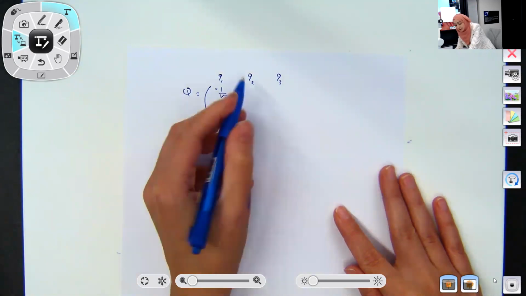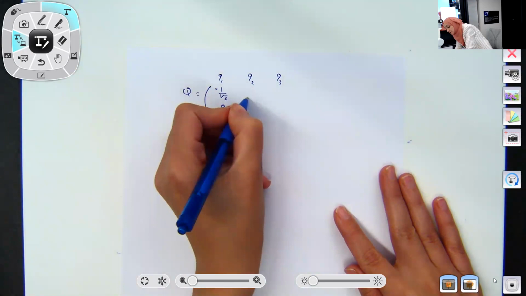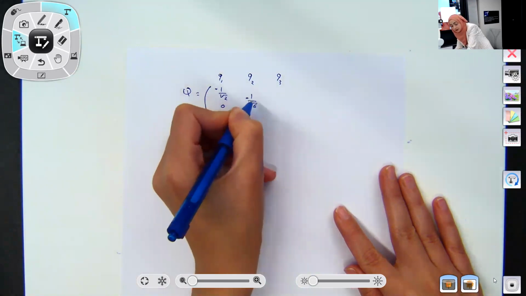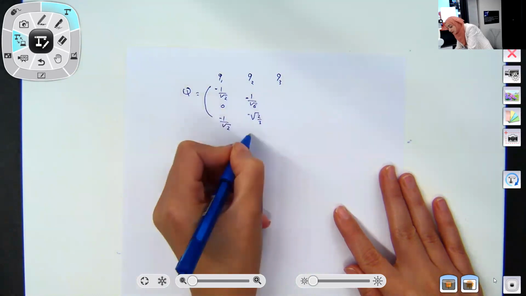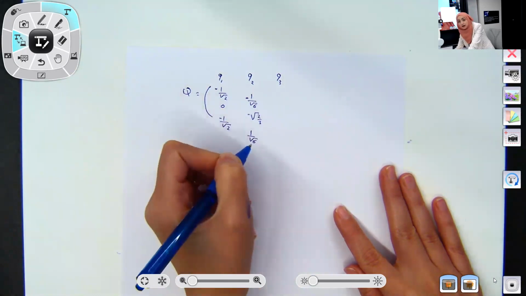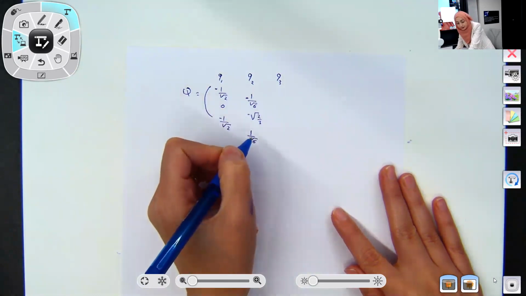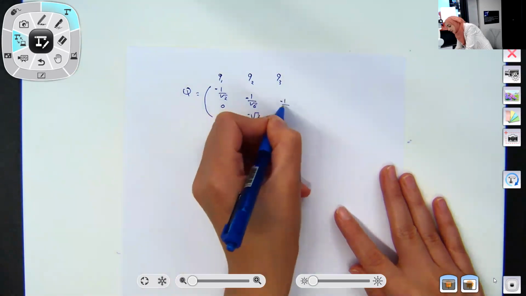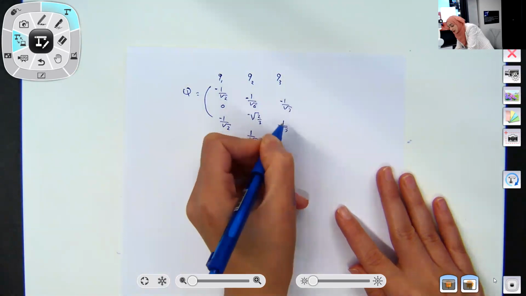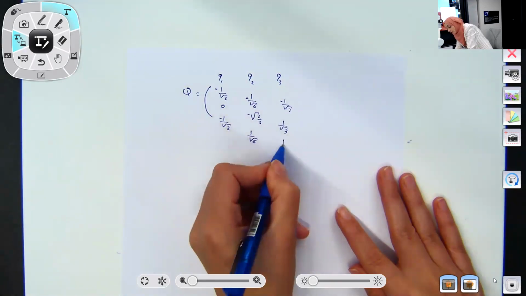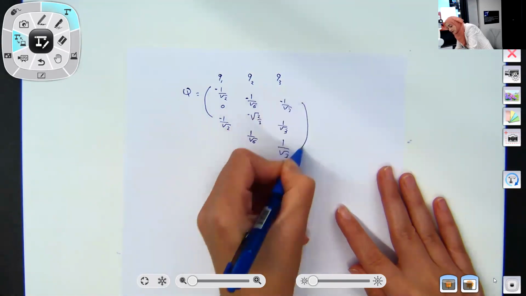The values of Q2 are minus 1 over square root of 6, minus square root of 2 over 3, and 1 over square root of 6. And the values of Q3 are minus 1 over square root of 3, 1 over square root of 3, and 1 over square root of 3.